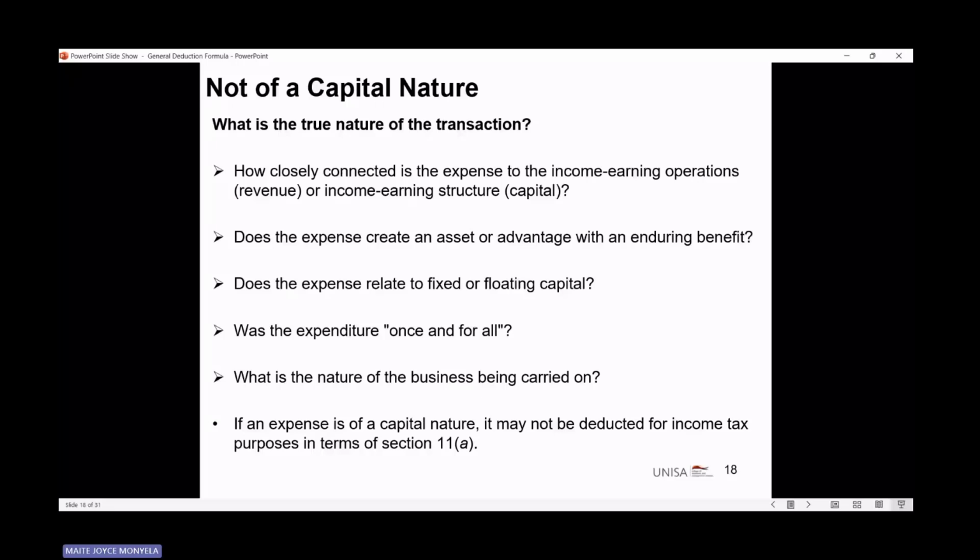What is the nature of the business? So if the expense is of capital nature, remember, it will not be deducted in terms of the Income Tax Act under the requirements for deduction under Section 11A. But if it's of revenue nature, it will be deducted.